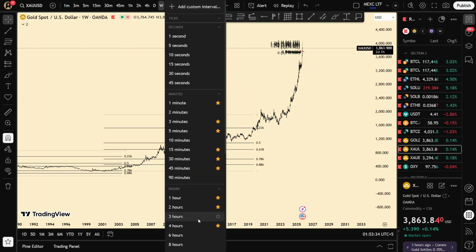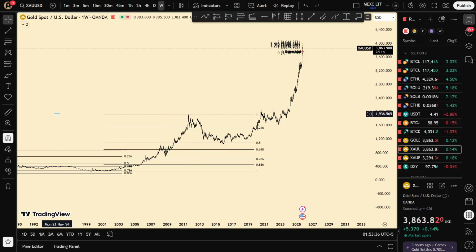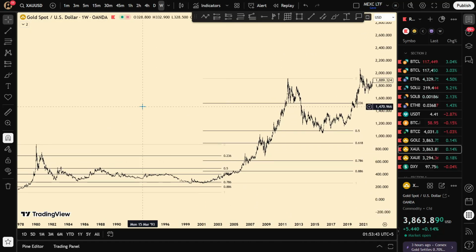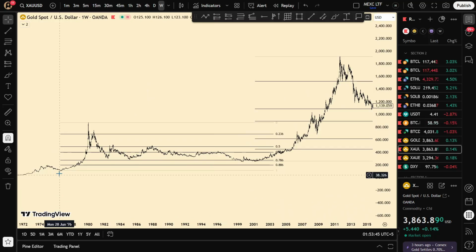Since gold is a very, very mature market, its cycles can exist for decades. And for that, I would like to show it to you. Look at this. This was 1976, all the way to 1980. That was a 4-year bull run on gold. And then it took from March 1980 to almost 1999.